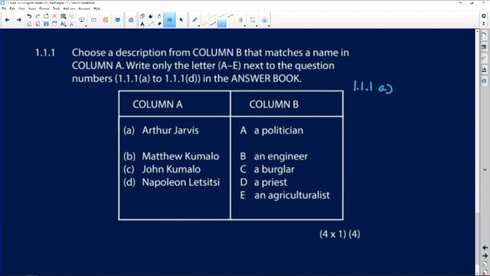1.1.1 A. So Arthur Jarvis, he was an engineer. Then you're going to go 1.1.1 B. Matthew Khumalo, he was a burglar. I suppose C and D would be okay, but you're going to just put that down.